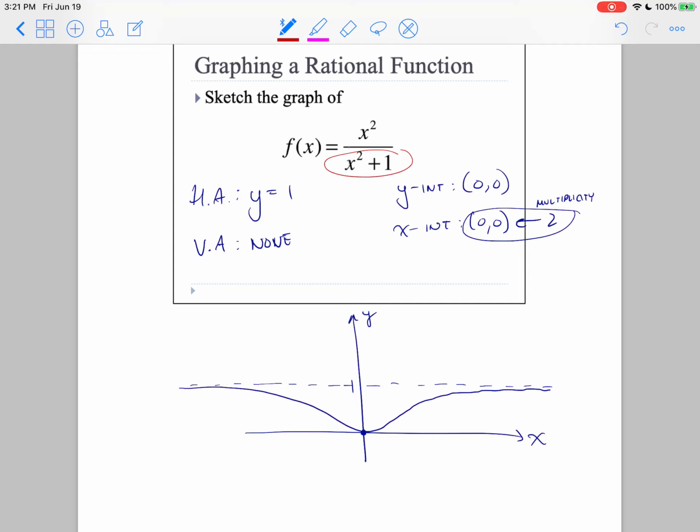Like if I plug 10 into here, I get 100 over 101. So I'm not quite at 1, I'm at 0.9999. Like I'm getting closer to 1 from numbers that are smaller than 1. And that same logic works going in the negative direction. So I'm confident in my blue graph here, and you can think about the same sorts of things that I just mentioned as you go through the problem set.